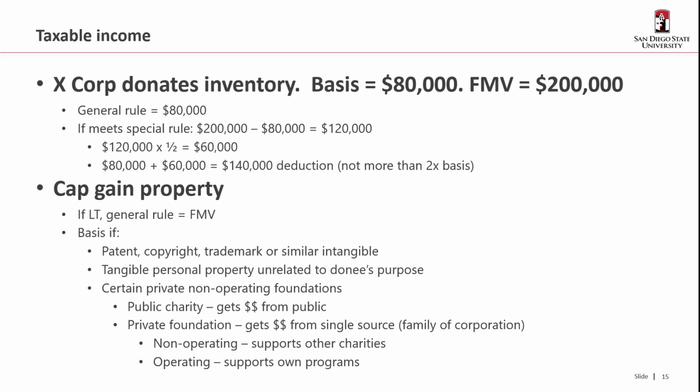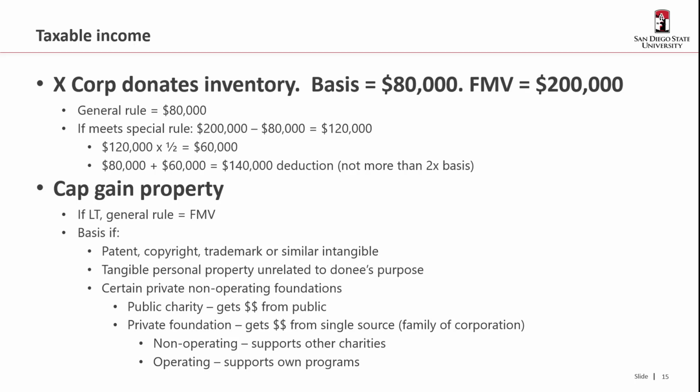So if you ever wondered what the difference was, a public charity gets its money from the public. A private foundation gets its money from a single source. That's typically a family or a corporation.